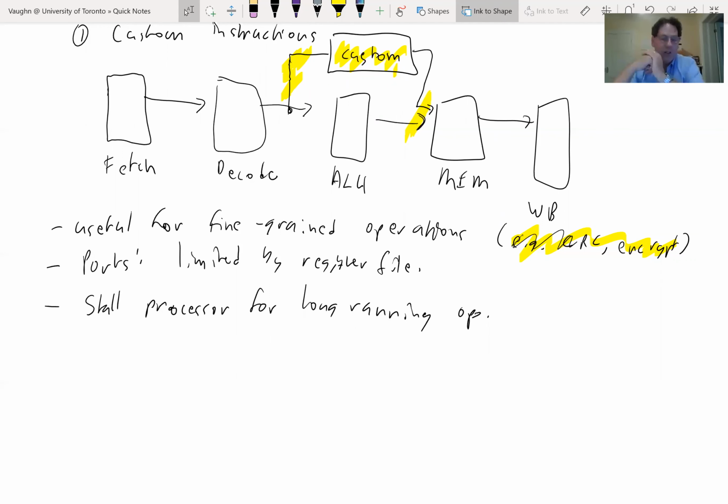So that theoretically could be done. But basically, it doesn't fit this kind of fine-grained interaction. The idea of a custom instruction is you're right in the pipeline. It works best if you behave a lot like a regular ALU. Take a couple operands, compute an answer in one cycle, put it back in the register file. So you're a new instruction that behaves a lot like the other instructions.